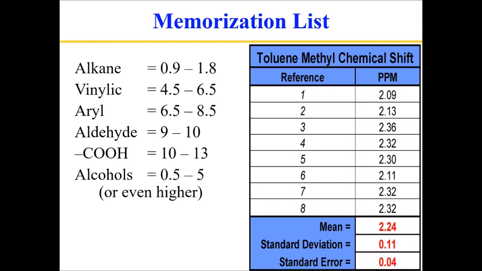And so NMR is sensitive to temperature and concentration and has its own inherent error that occasionally occurs with any instrument. So this is why it's better to think about these things as ranges, plus or minus 5 to 10%, rather than try to fixate on what is the exact value that I expect every time I see a particular functional group, because even if it's the exact same portion of that molecule, we see varying values from instrument to instrument.